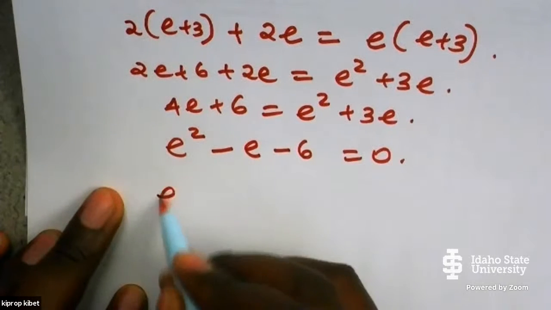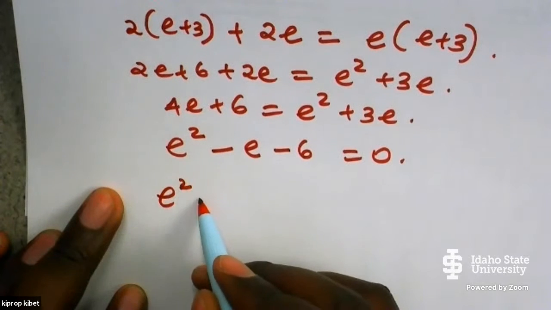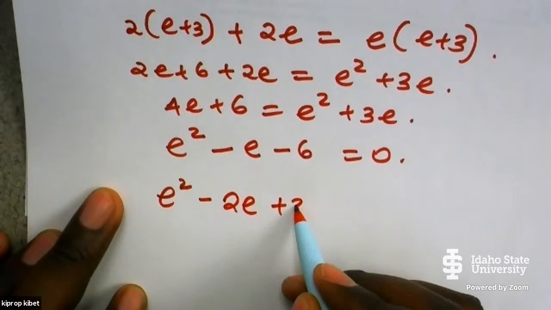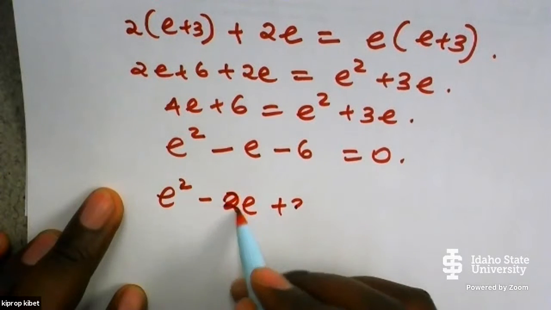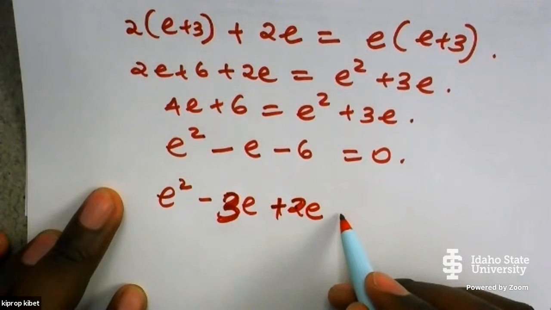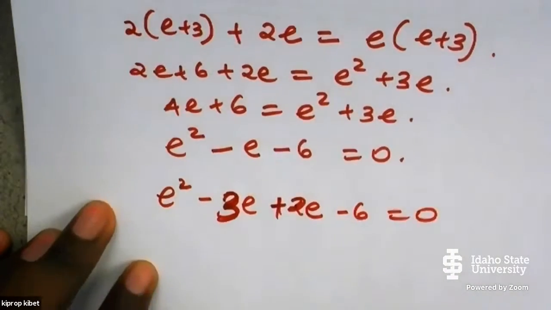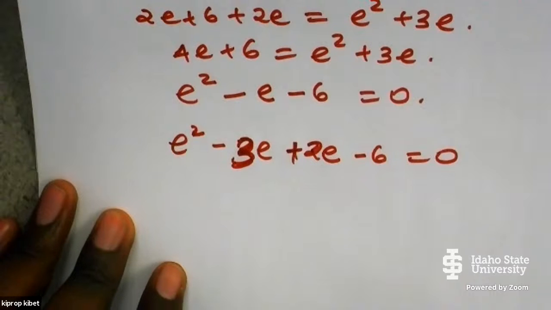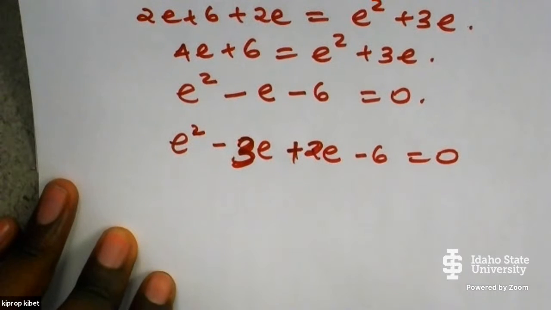So it will be e squared minus e minus 6 equals 0. So one of them should be negative, yes, so that it becomes negative.